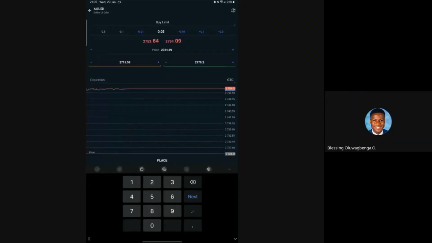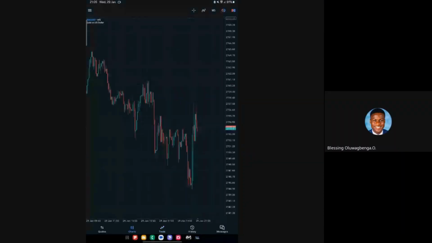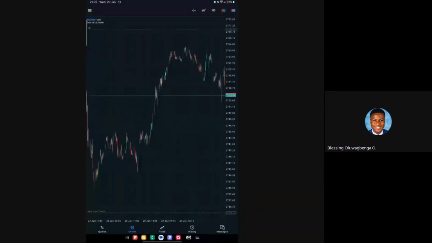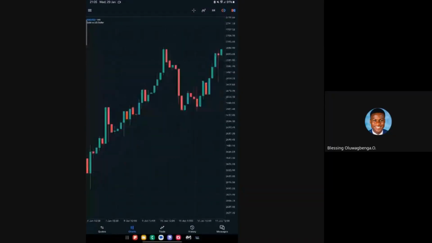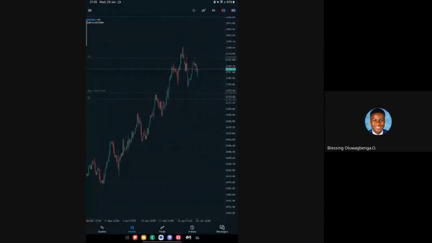Then you click place. When you place, it will reflect on your chart that you've placed a limit entry. Look at what it's displaying here. Buy limit 0.05. We have the TP, you can see the price. We have the SL, you can see that.